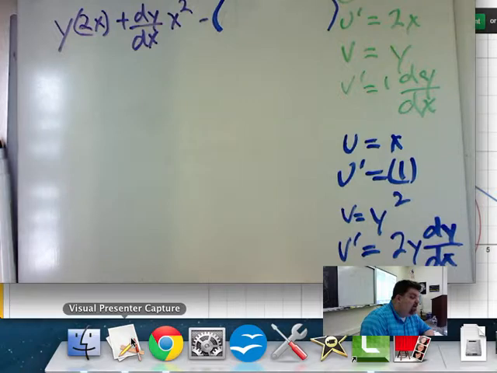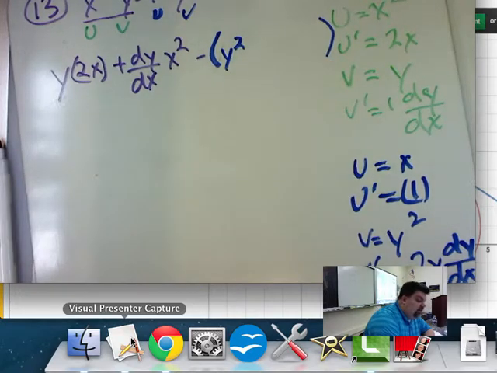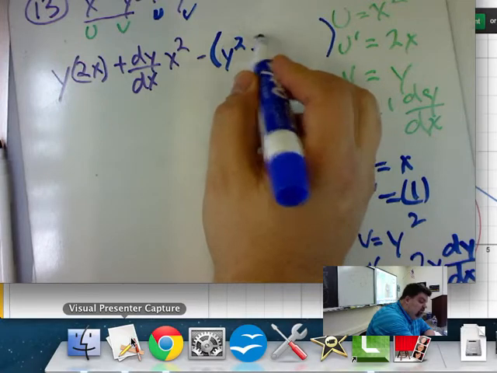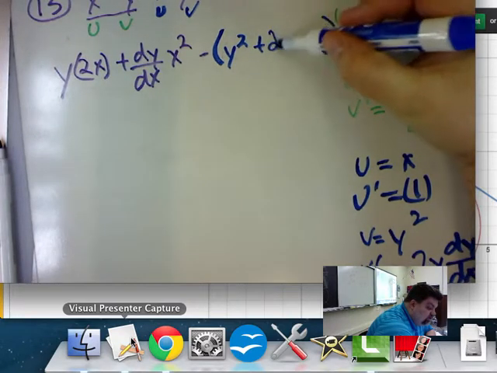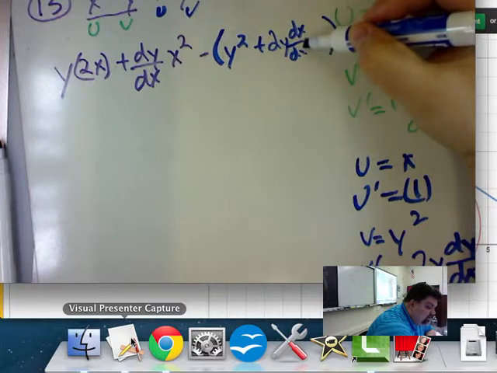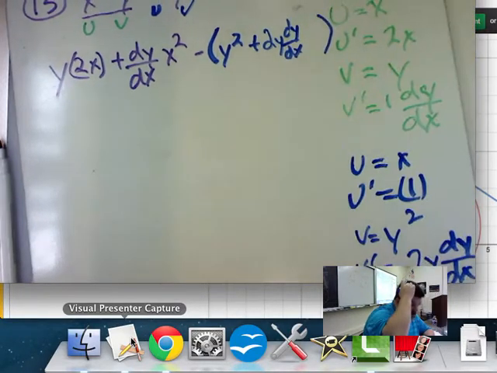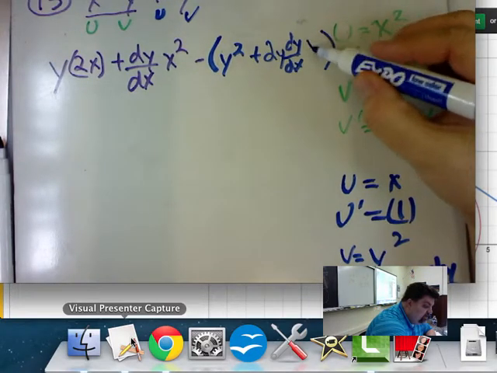Okay, so tell me what I write down. v, which is y squared, and then u prime, which is just 1, so I'm not even going to write that down, plus v prime, which is 2y dy dx. Oops, my dy looked like a dx. Times u, which is just what? x.